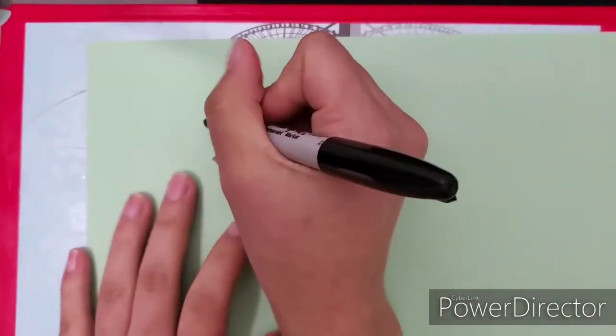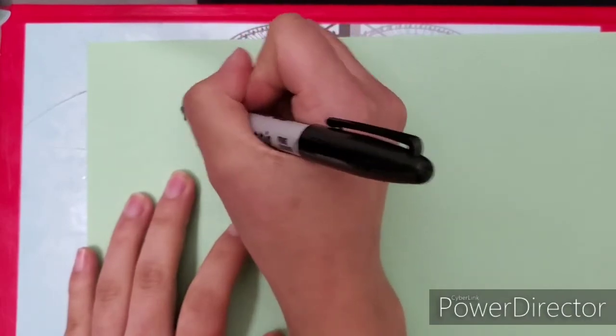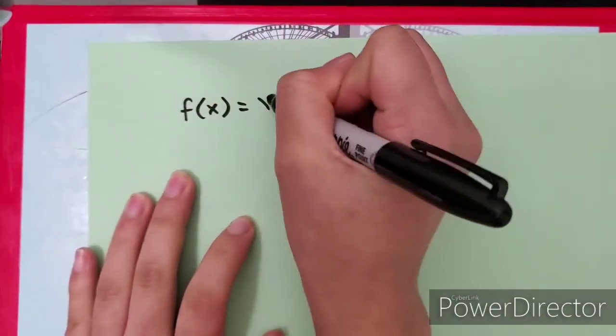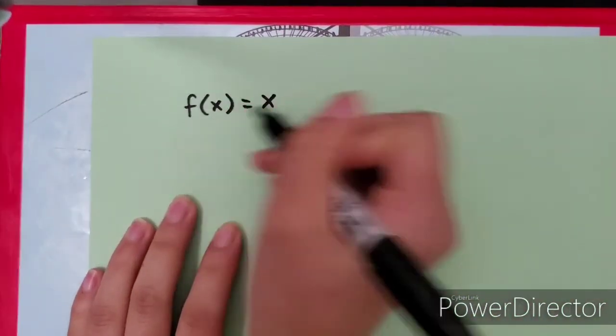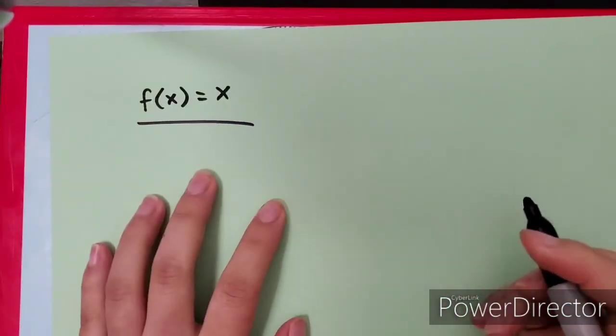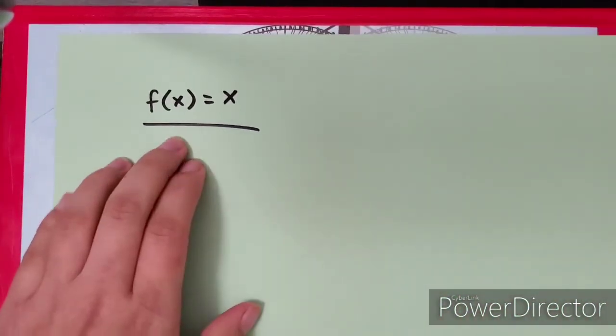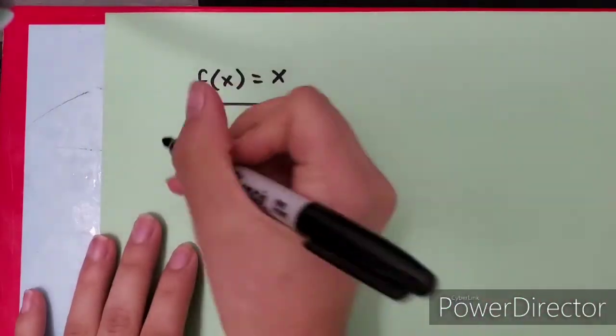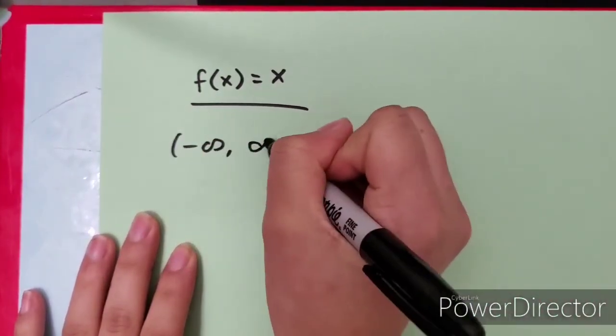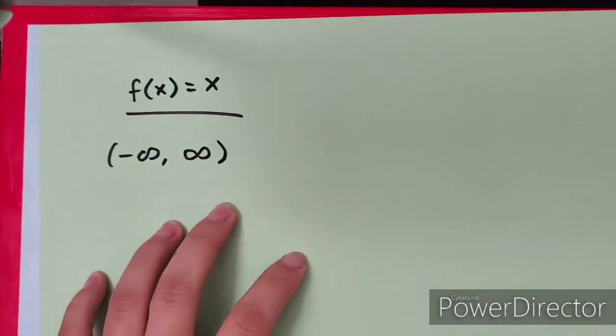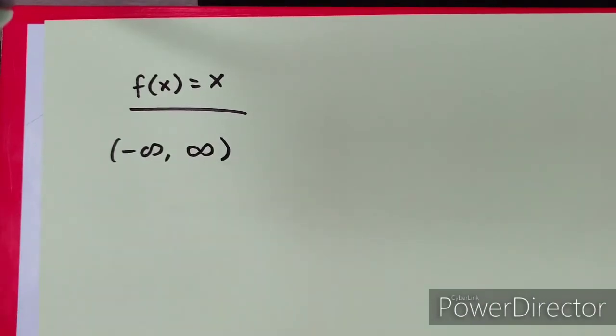So these are some more examples of how to find domain and range for other equations without looking at the graph. So if we have an equation of, let's say, just a line, and it's asking you for the domain, it would just be this, because there isn't any inequality to stop it or restrict it.